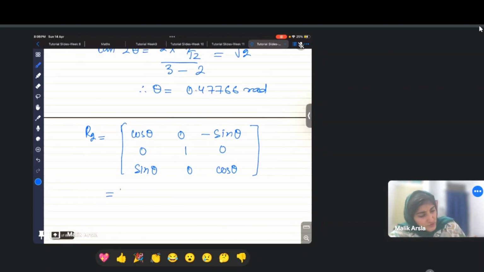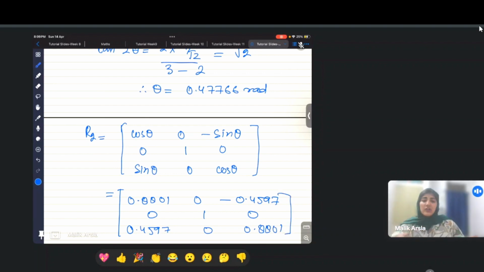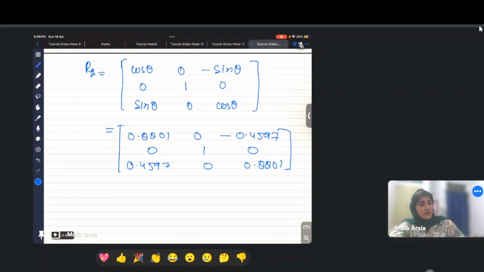When you put the value of cos of 0.47766 radian, it is coming out to be 0.8801, 0, minus 0.4597; 0 1 0; now sine theta will be 0.4597, 0 and 0.8801. So this is your second rotation matrix and that is what has been asked in the question.